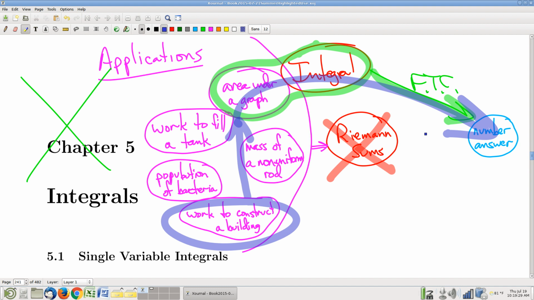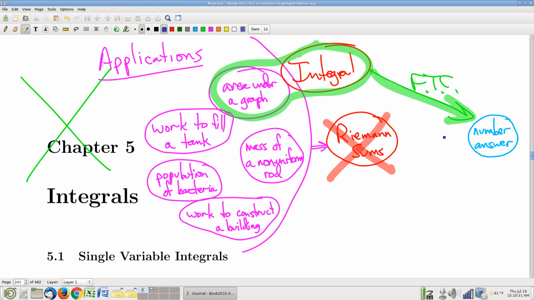Now, students will try to get around this sometimes by saying, well, okay, the way you can connect work to area is to realize that, this work problem, you cut it up into slices and you think of the height as being like the height of a graph, and you think of how tall is that little piece of the building as like a width, and you effectively make a sort of poor man's Riemann sum argument.